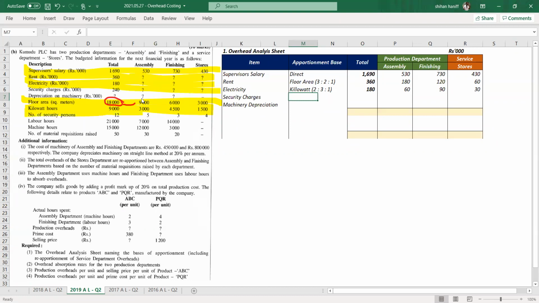Number of security persons is 5 is to 3 is to 4. 240 divided by 12 into 5. 240 divided by 12 into 3. 240 divided by 12 into 4. So total is 240.